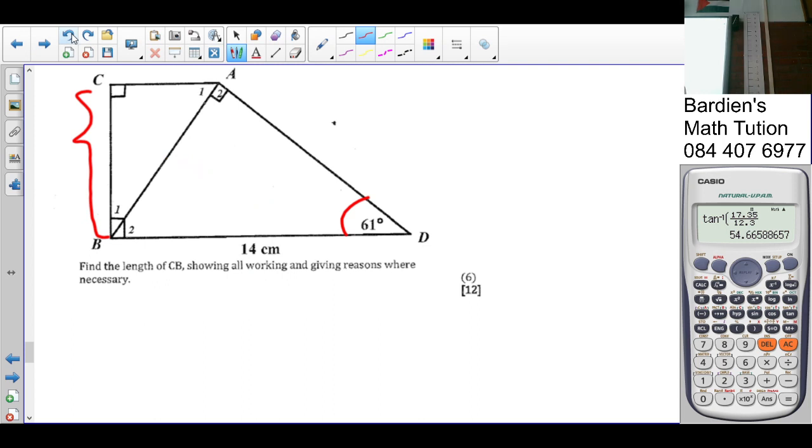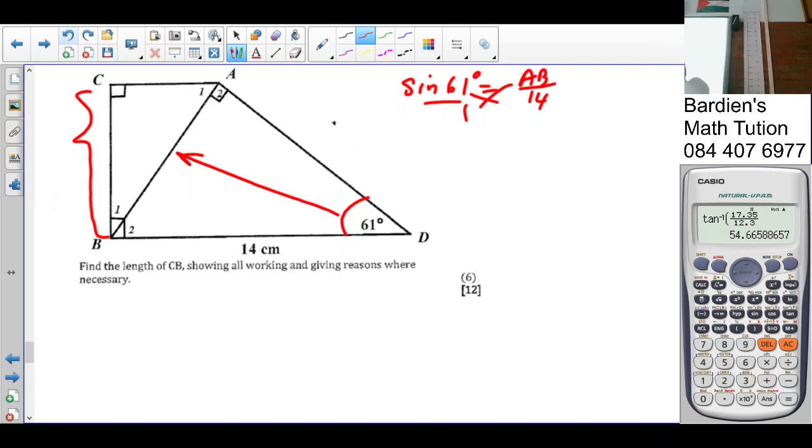So which trigonometric function uses adjacent and hypotenuse? Cos. It's going to be cos of 61 equals adjacent. Now, we're using opposite and hypotenuse, so it should be sine. Yes. Now who said cos? Well, I said cos. Okay. Sine of 61 is equal to AB over 14.